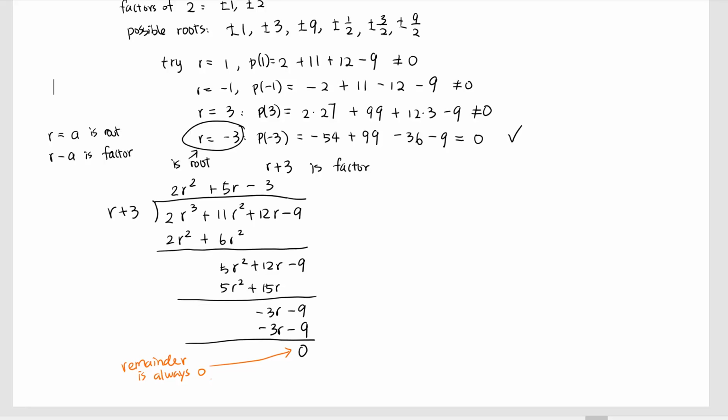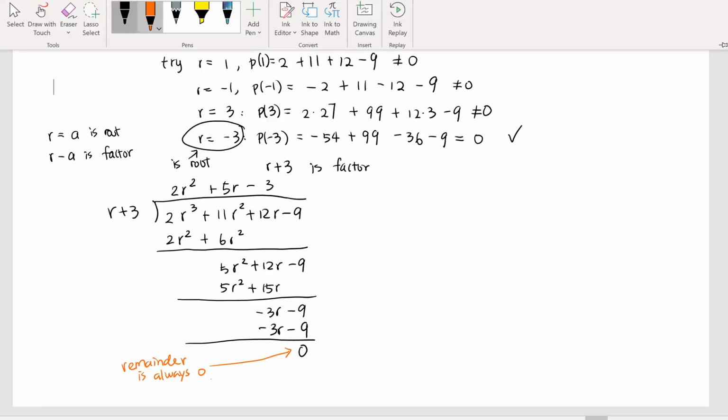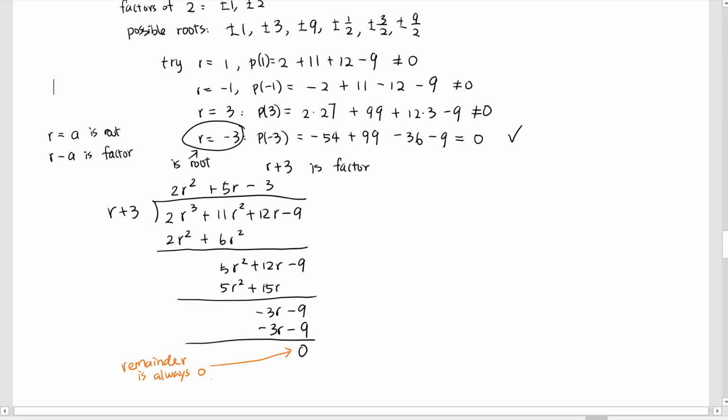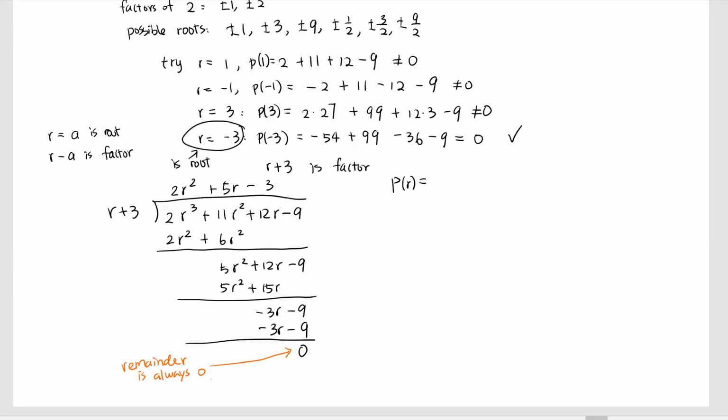Okay, let's continue. So P of r is r plus 3 times 2r squared plus 5r minus 3. Can we factor it? 2r, r, and we want 5 there, so plus 3 and minus 1 will give us plus 5.